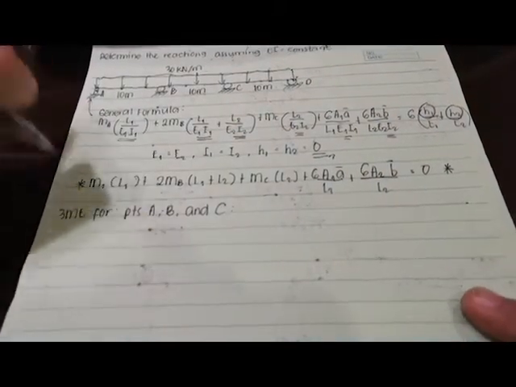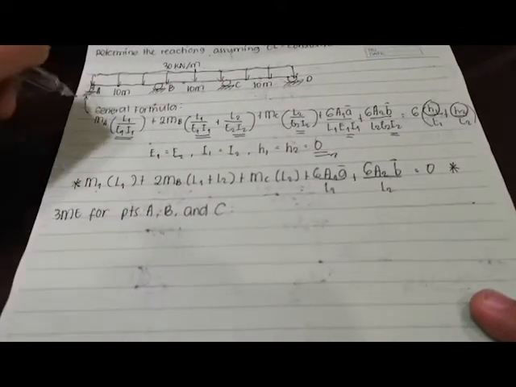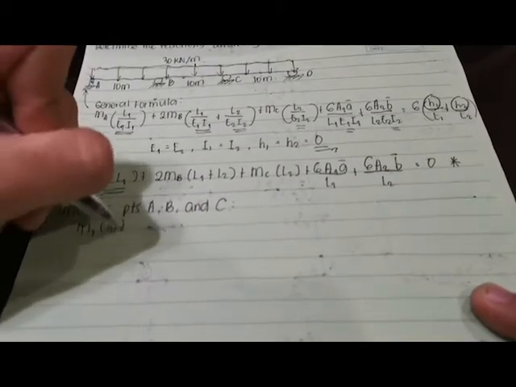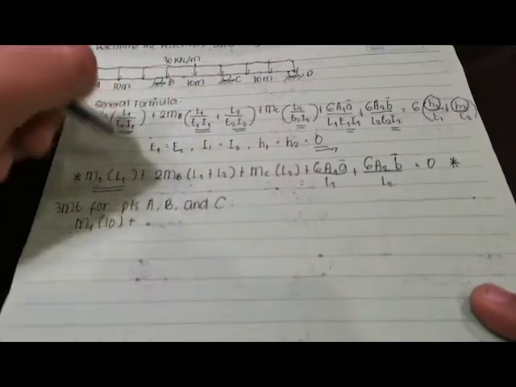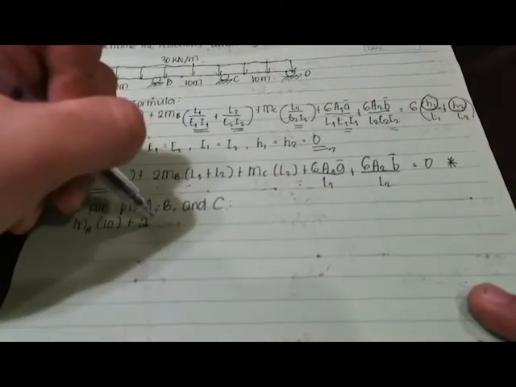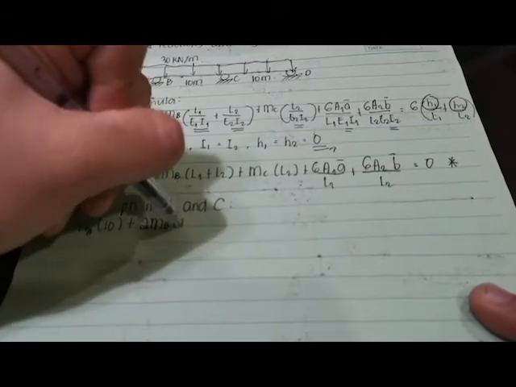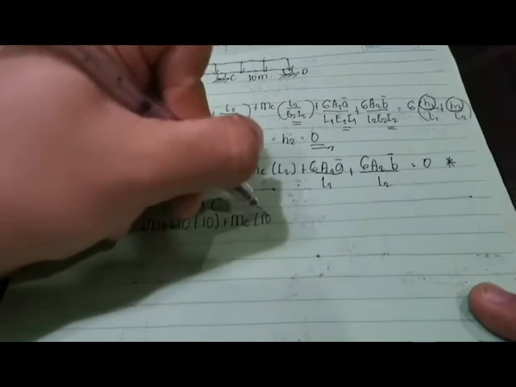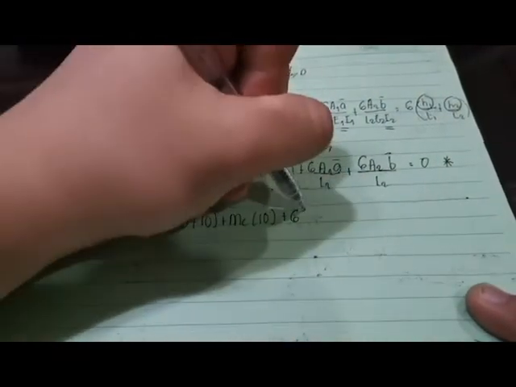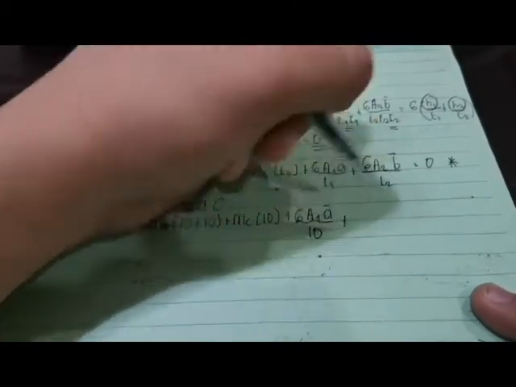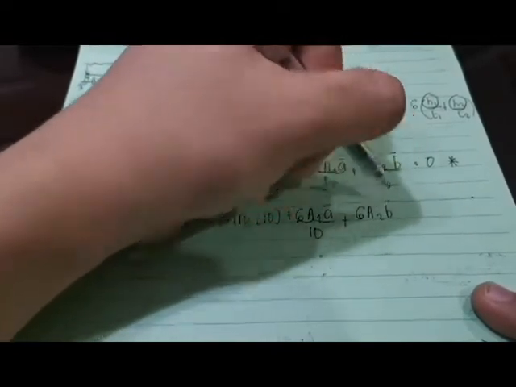Okay, so the three-moment equation for points A, B, and C: MA times 10 plus 2MB times 10 plus 10 plus MC times 10 plus 6A1A over 10 plus 6A2B over 10 is equal to 0.